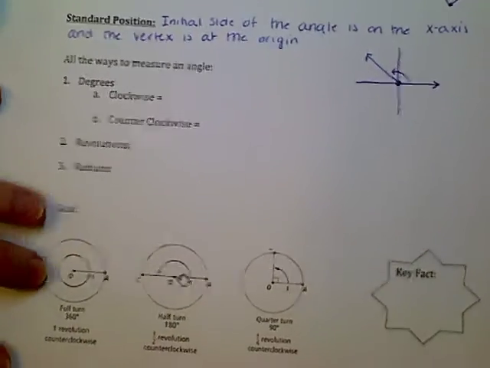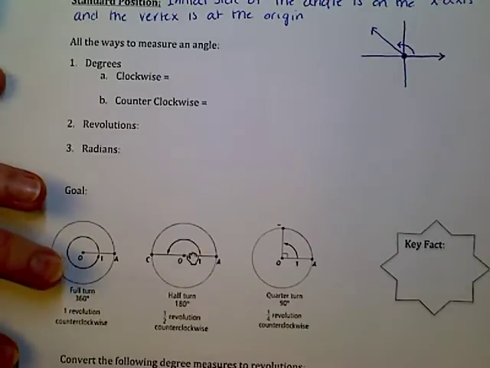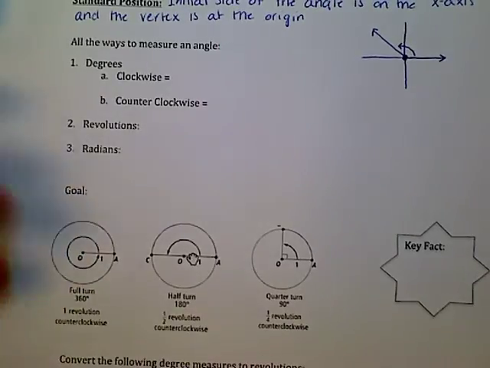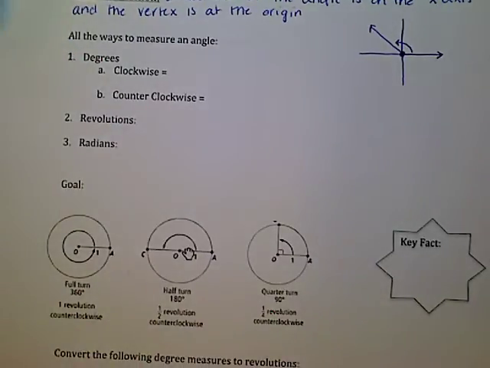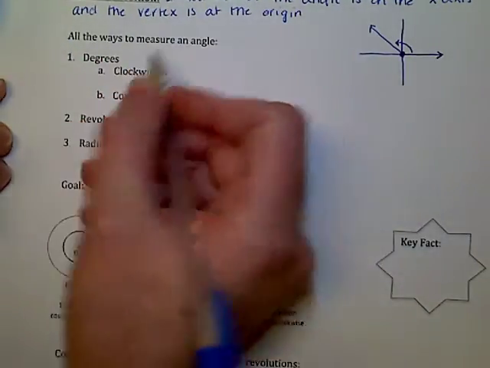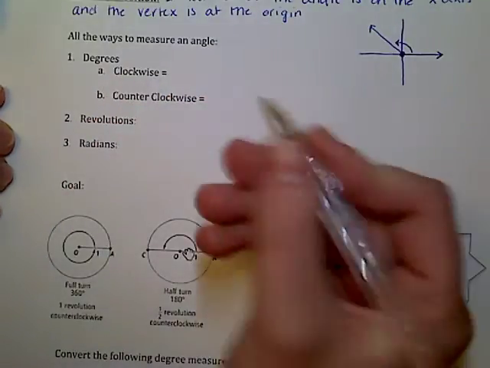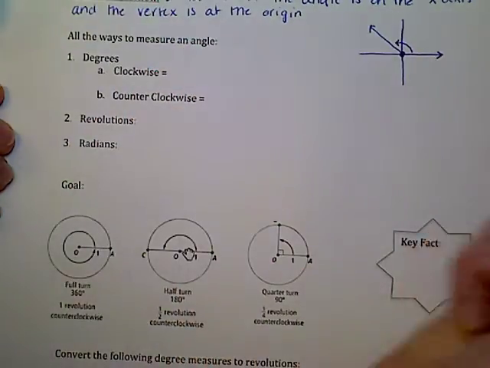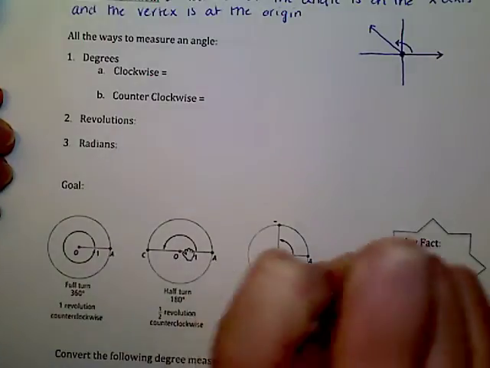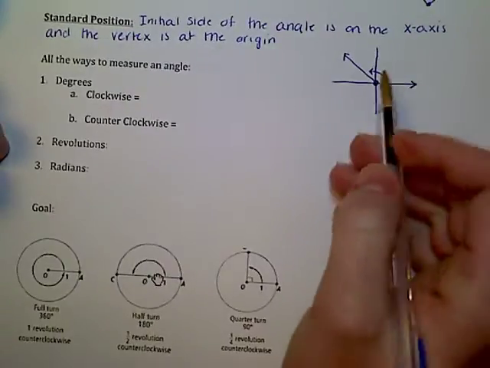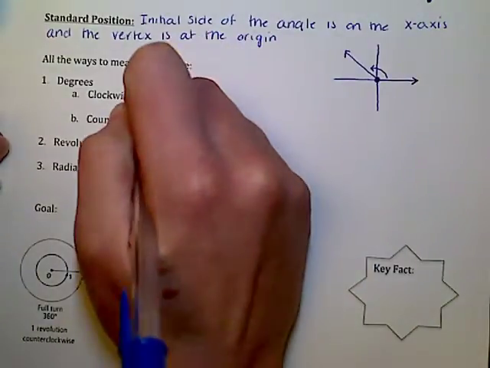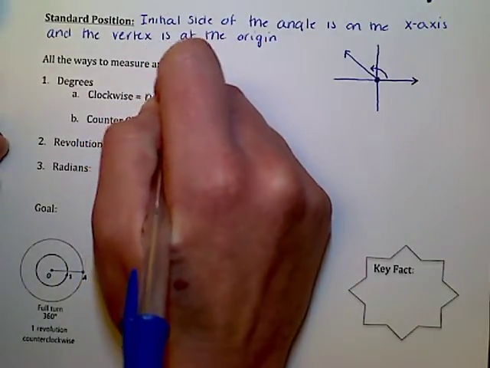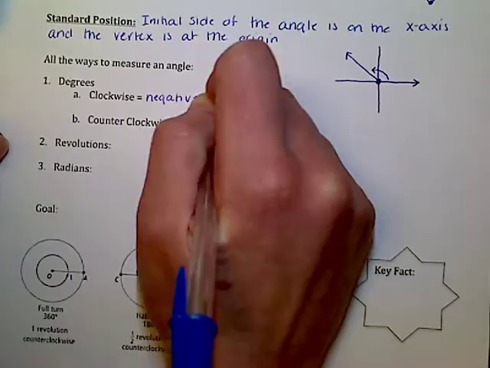Now, there are lots and lots of ways to measure angles. The one that we are most familiar with is degrees. You've worked with angles and degrees since elementary school. When an angle moves clockwise, so in the direction that a clock would go, if I look back at this picture, if it goes around this way, that actually gives us a negative degree measure.